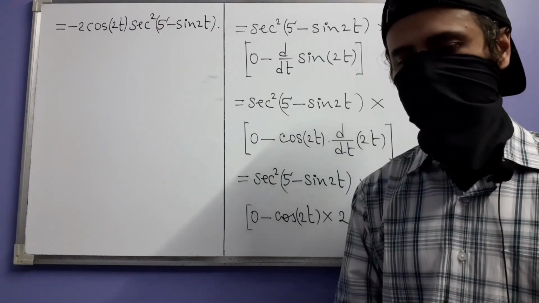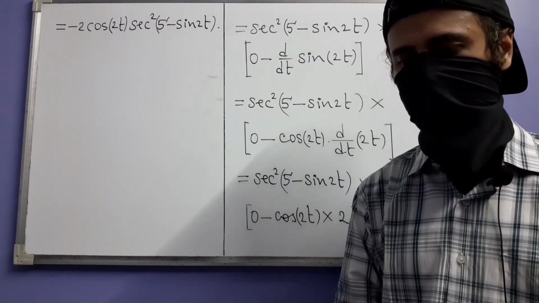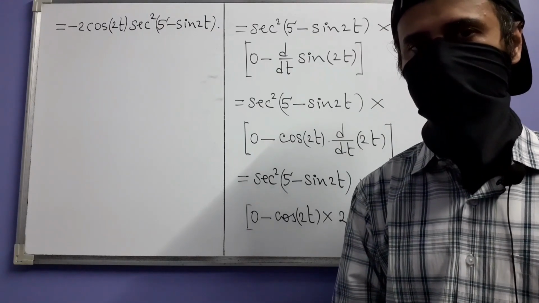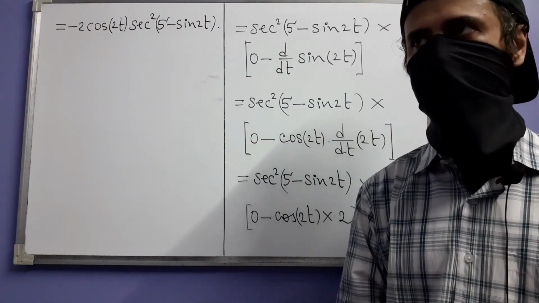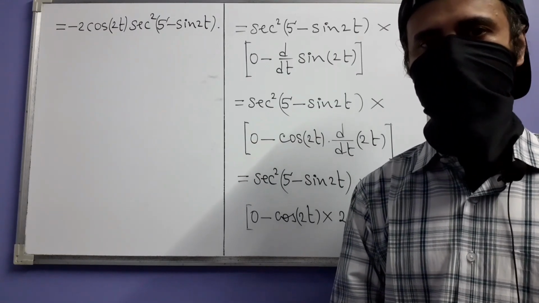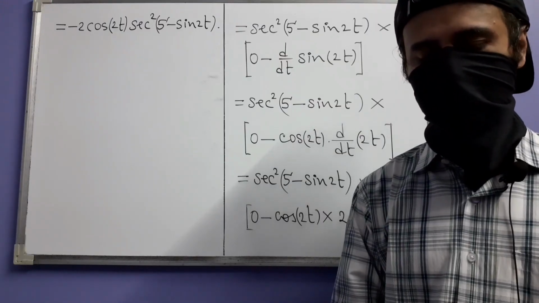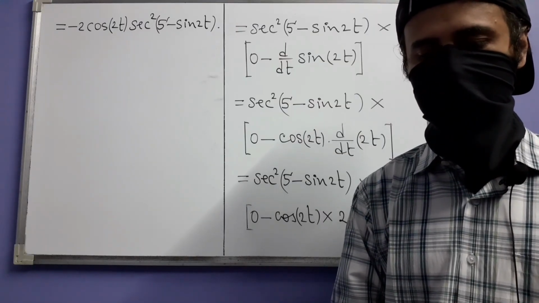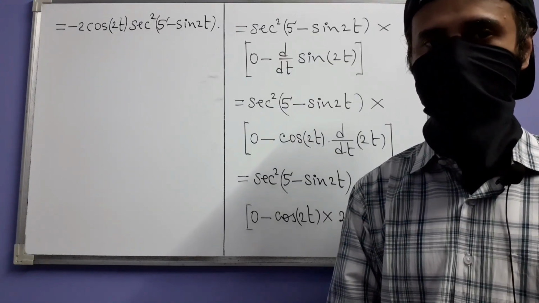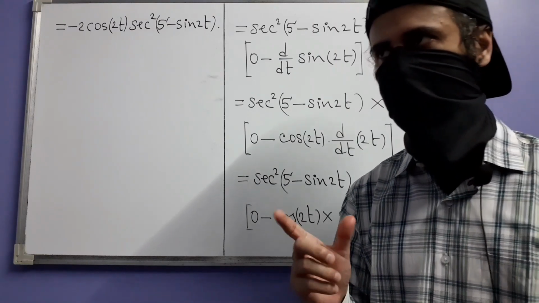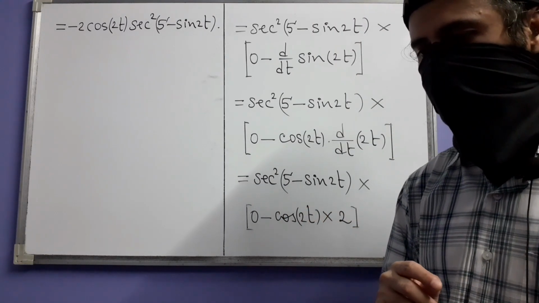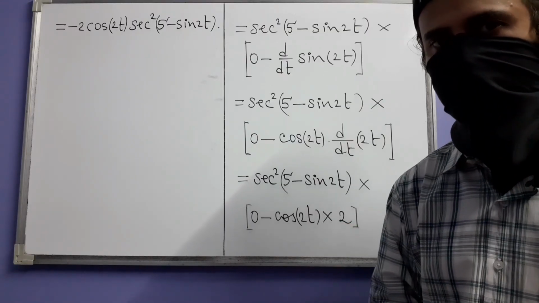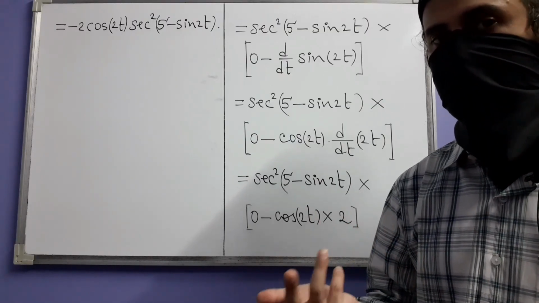So what I suggest is that you do a lot of practice with many examples, because differentiation is something you will need to do very often, especially if you are in science or some engineering branch. Okay, differentiation is the first thing that you need to do. You should be fluent in differentiation, but you are going to need integration also.